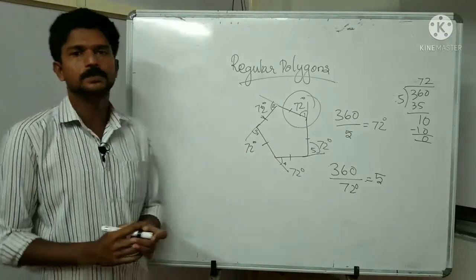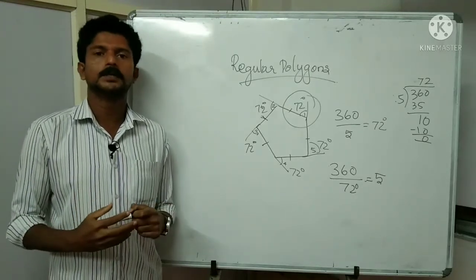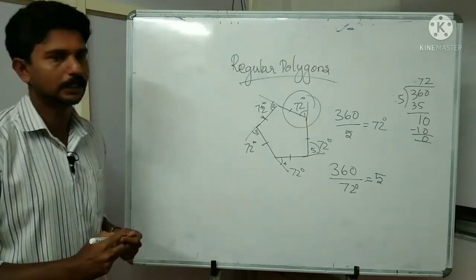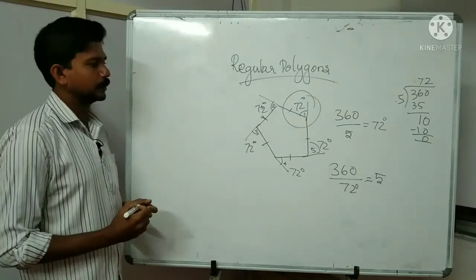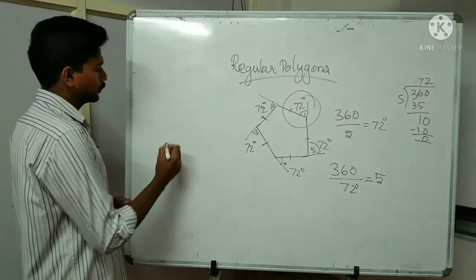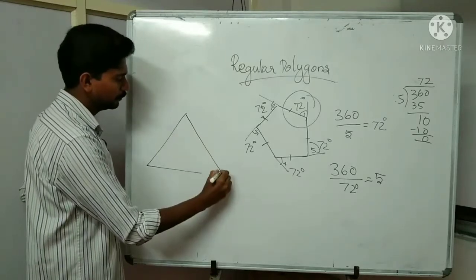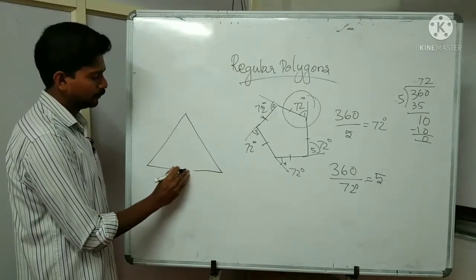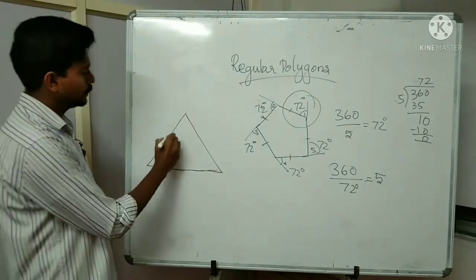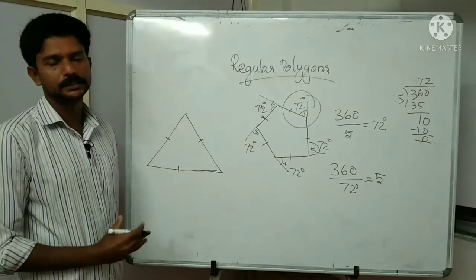There is a question in the exercise about what is the minimum angle measure we can have for an interior angle of a regular polygon. So what is the minimum interior angle we can have for a regular polygon? Okay, so I have taken here an equilateral triangle. Why?